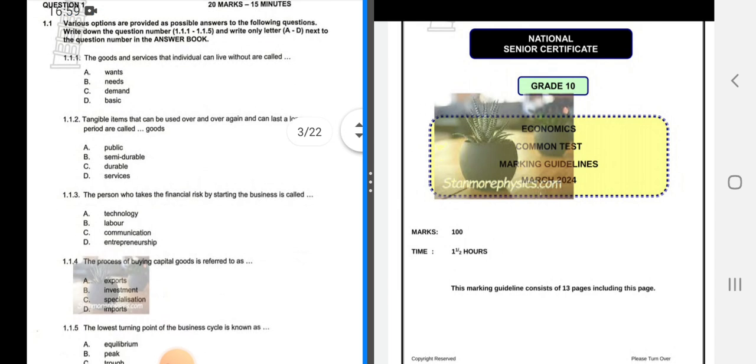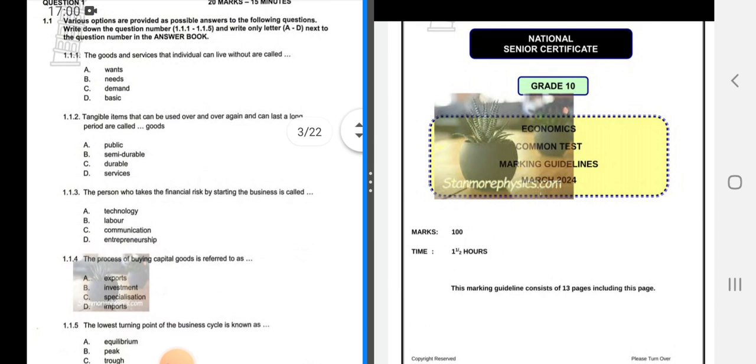So 1.1.2 says tangible items that can be used over and over again and can last a long period are called. So these are goods that can be used over and over again. Okay, and then we say the person who takes the financial risks by starting the business is called. That is 1.1.3. Who takes the risk of starting a business?